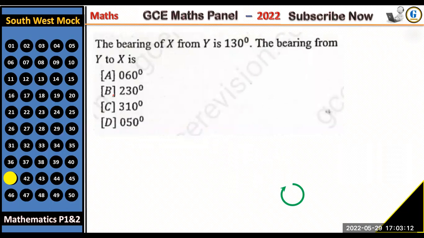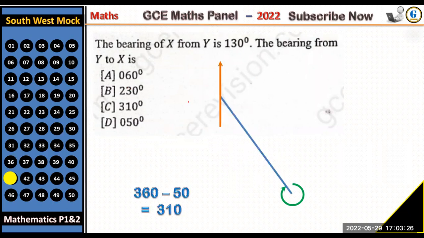41. The bearing of x from y is 130 degrees. What is the bearing of y from x? I'll first of all draw the diagram. So this is the diagram. This is x, this is y.